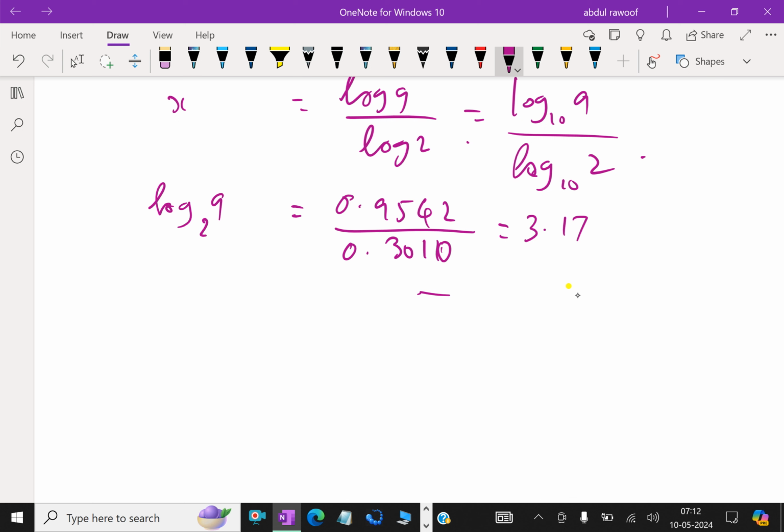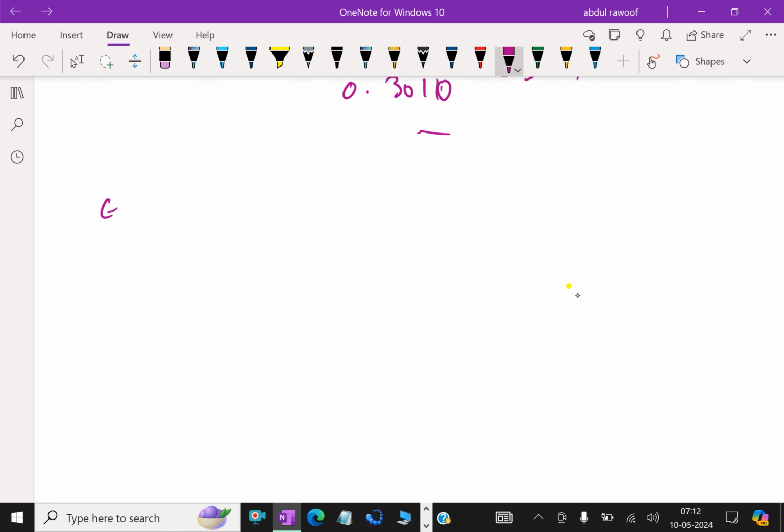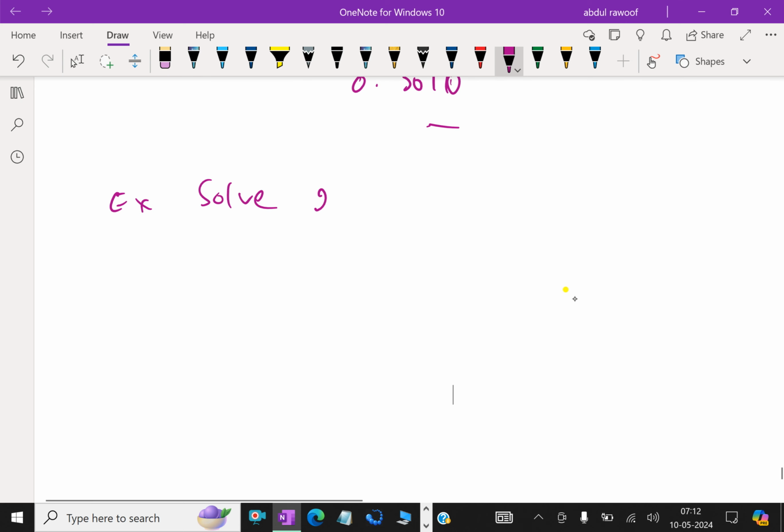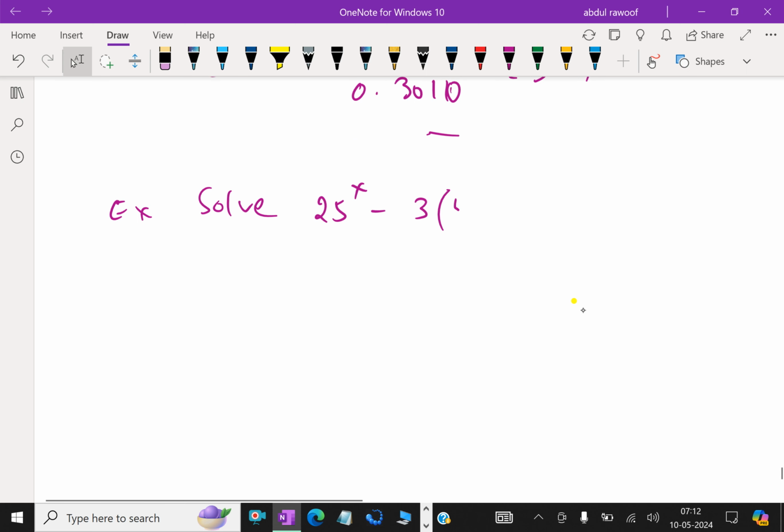Now let us solve some equations here. Example, solve 25 power x minus 3 into 5 power x equals 0.